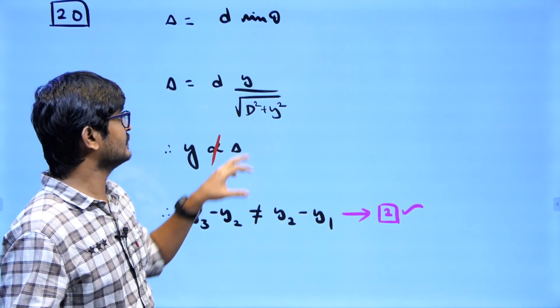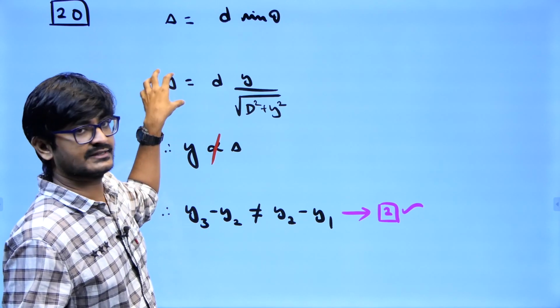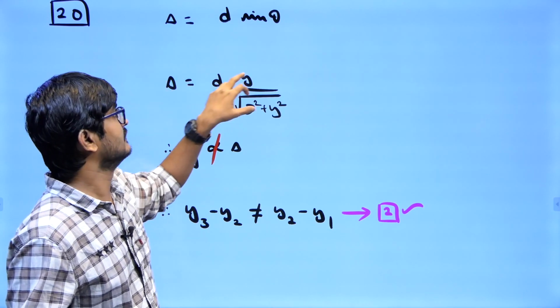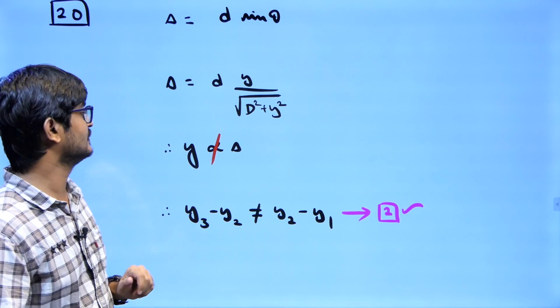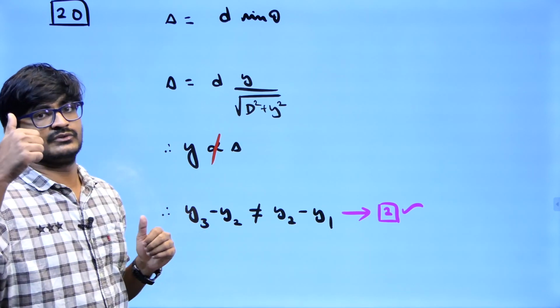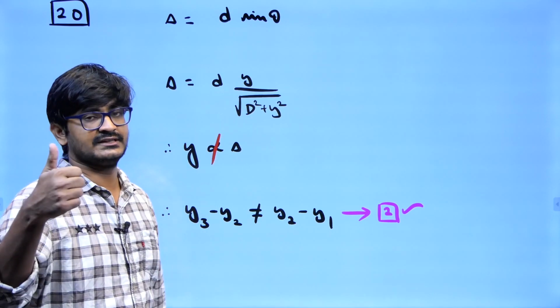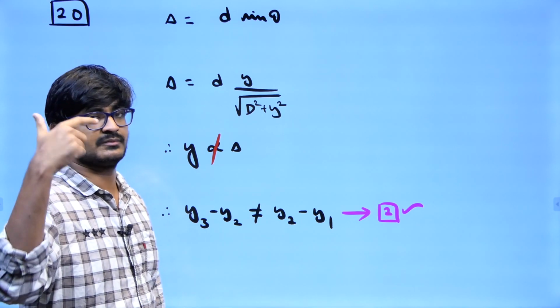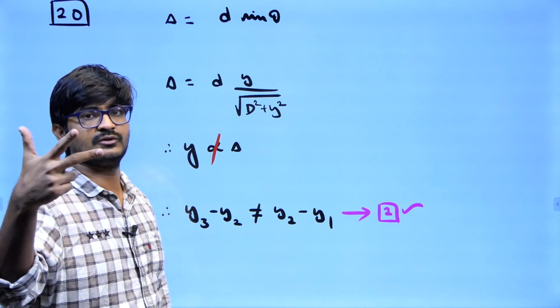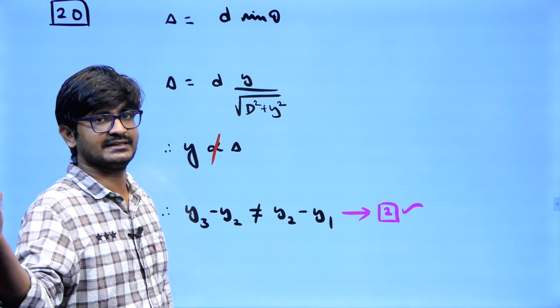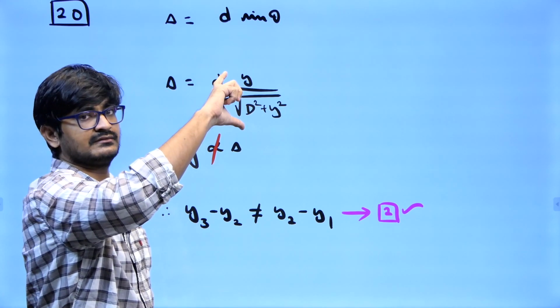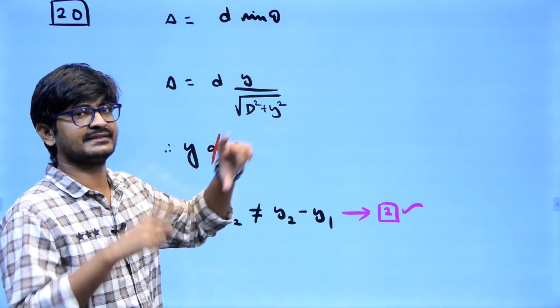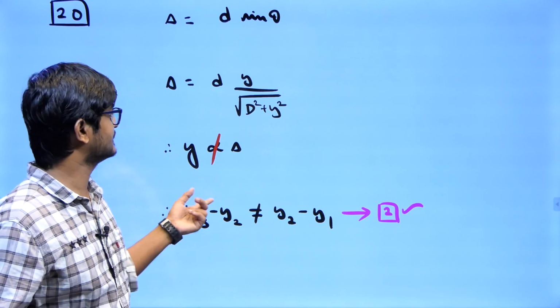Now you can see y is not proportional to path difference. If y is proportional to path difference, then what do we use it to get? We use it to get y1 where the first bright fringe is formed, y2 where the second bright fringe is formed, y3 where the third is formed, and we check y2 minus y1, the distance between first and second, and y3 minus y2, and that used to turn out to be the same. But in this case, what will happen?